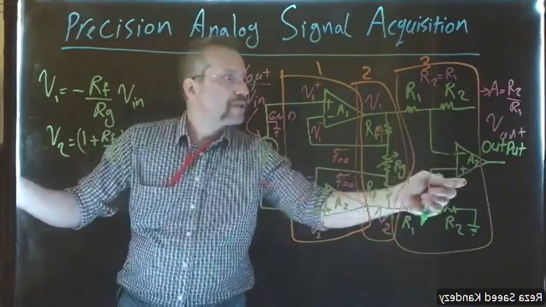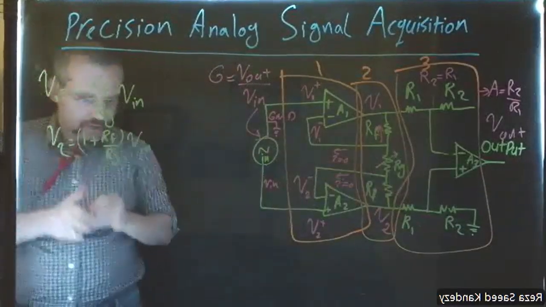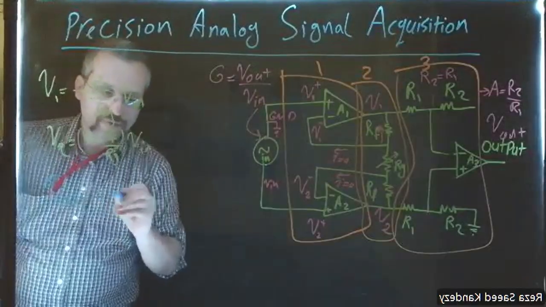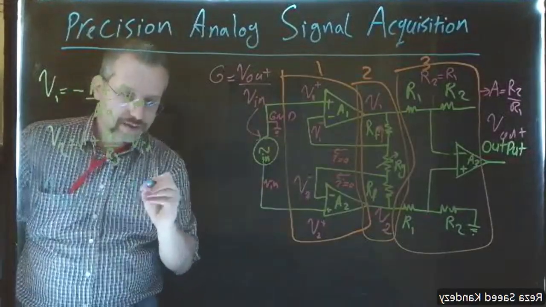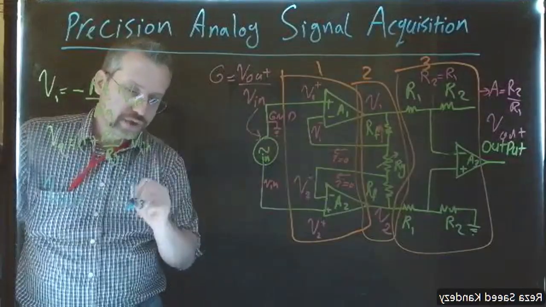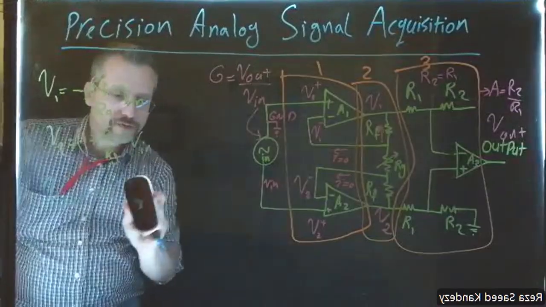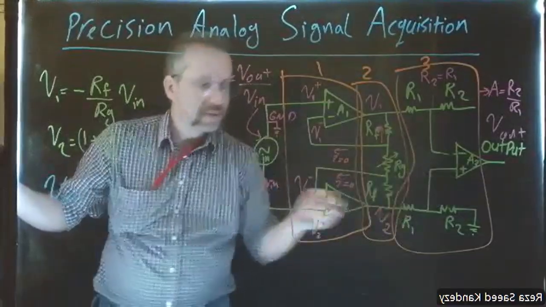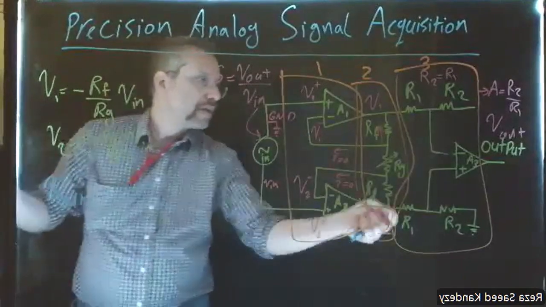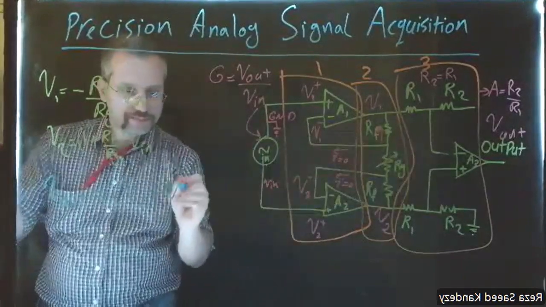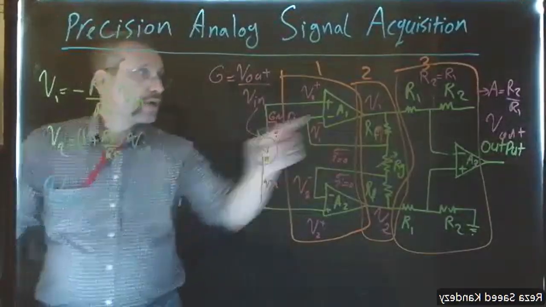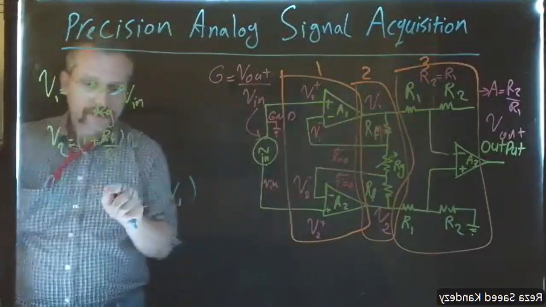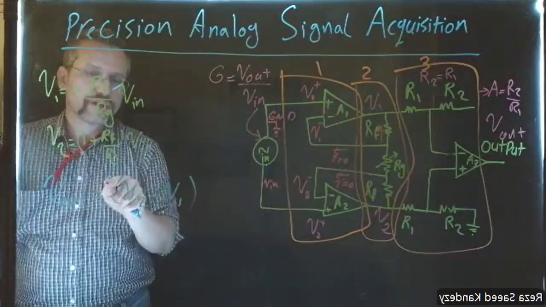So the output of this comparator, let me use another color, would be simply the difference of the inputs: the non-inverting input, which is V2, minus the inverting input, which is V1. There is no gain because we set it as unity. If we don't set these R1 and R2 equal to each other, there is going to be a coefficient here.